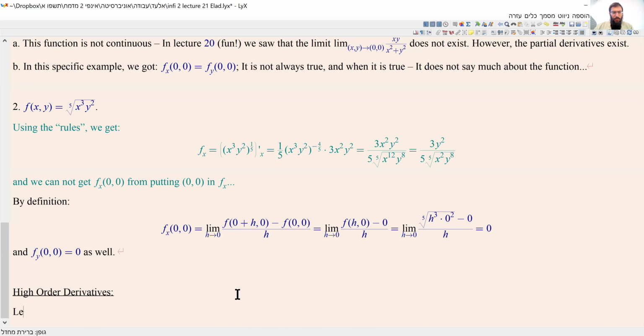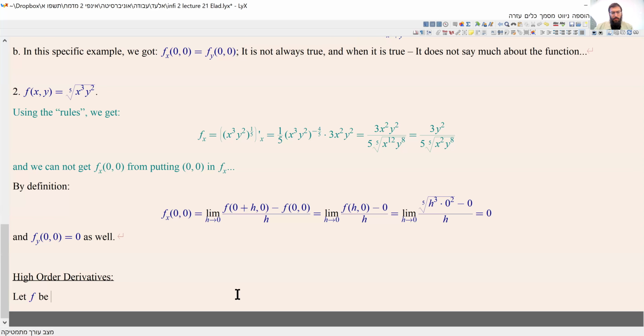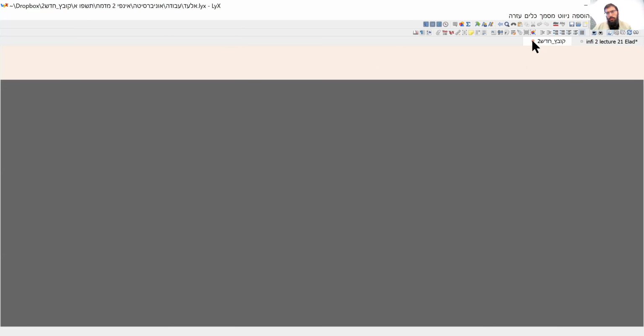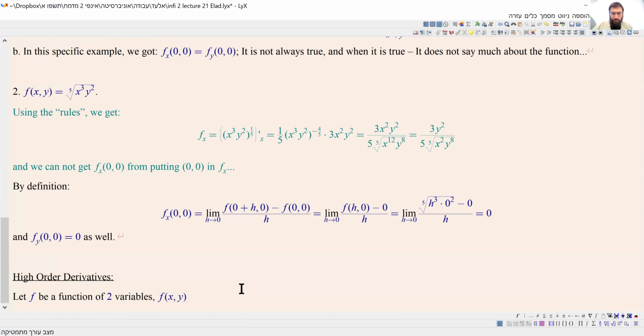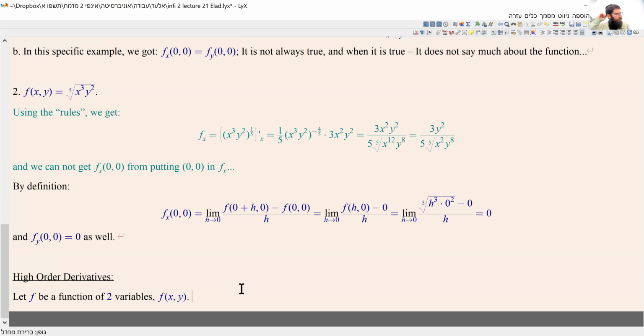Let f be a function of two variables, f(x,y). We can differentiate f by x and then differentiate f by y. When it comes to one variable, we can just differentiate by the same variable over and over again. Here we have the choice of which variable we want to differentiate by.